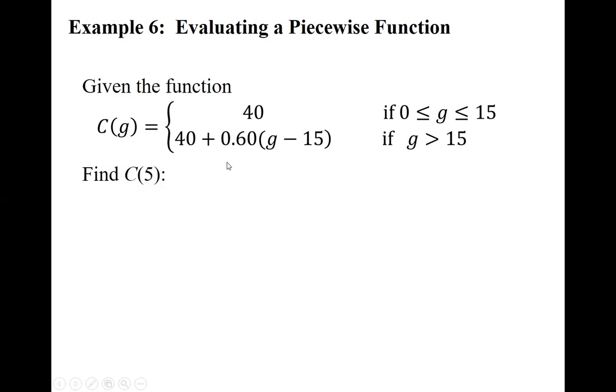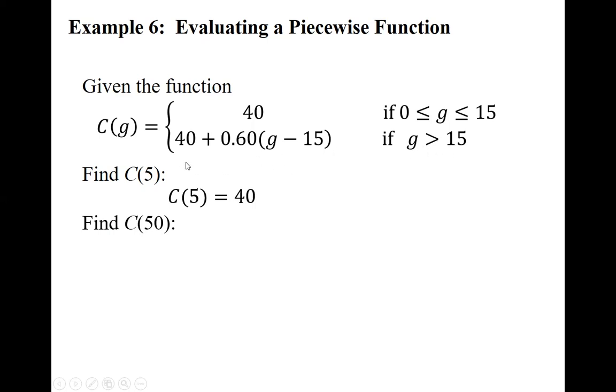So to find c of 5, that means g is 5. g is between 0 and 15. That's the top rule. The top rule just says 40. So c of 5 is 40. Meanwhile, c of 50, that means g is 50. 50 is greater than 15.